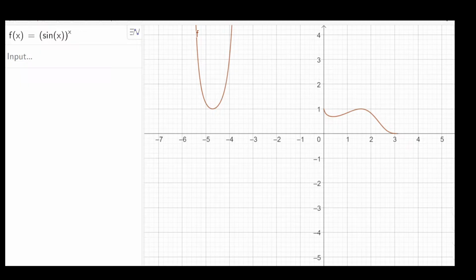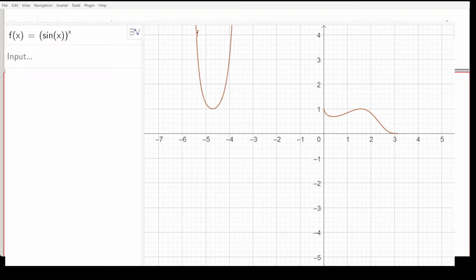This one is anyway done, no? This one you try. The right side one.